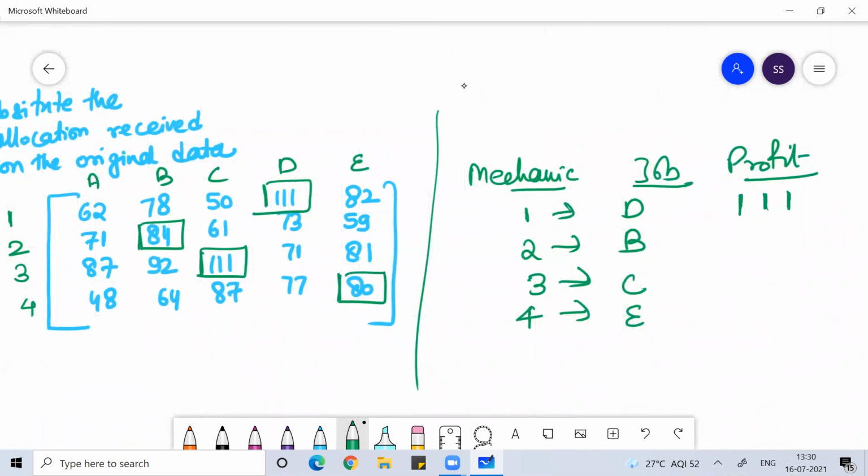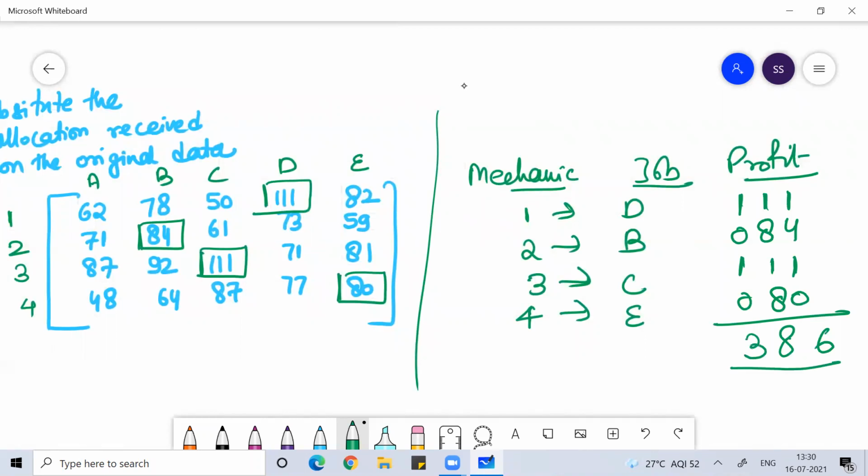is 111, B 84, C 111, D 98, then 1 carry, 2, 3. The profit is 386.